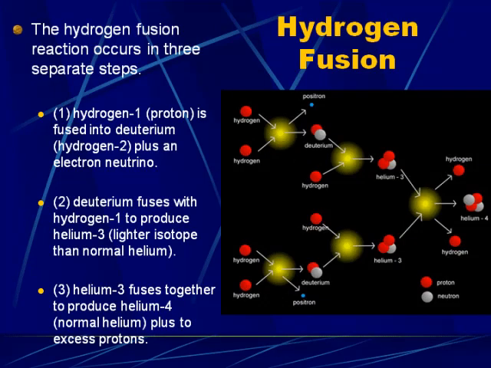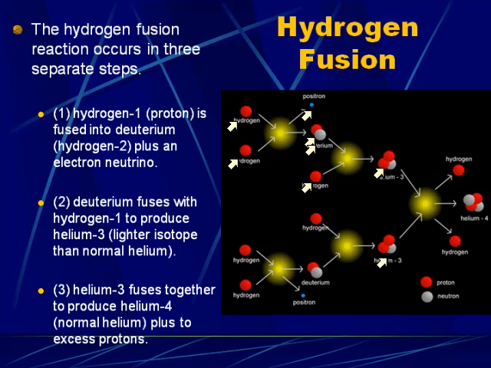Now, hydrogen fusion is an exothermic reaction. Two hydrogen fuse together to create a heavier isotope of hydrogen known as deuterium. In the process, they produce a positron. The positron annihilates with an electron, producing gamma rays. The deuterium then fuses with another hydrogen. This produces a new element, helium-3.